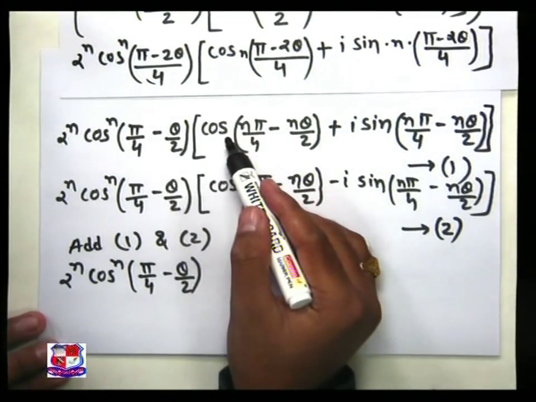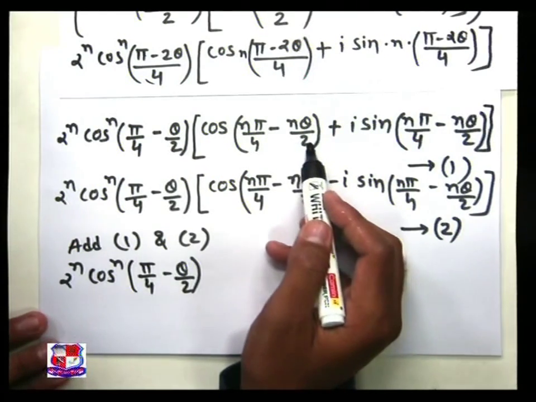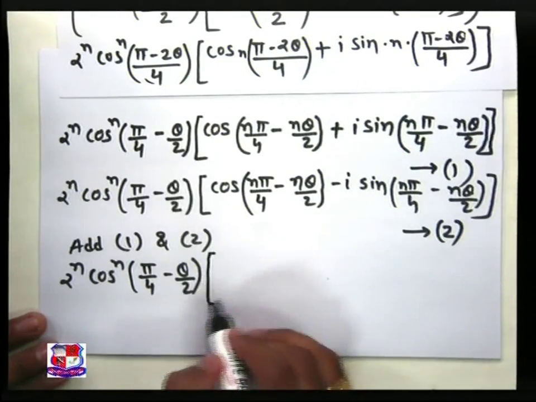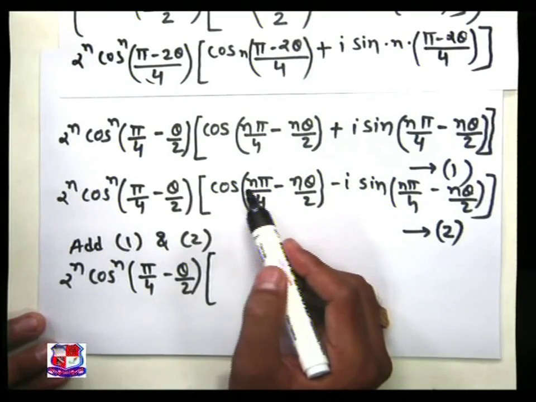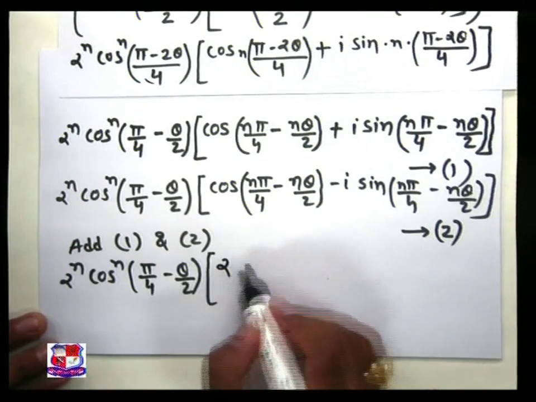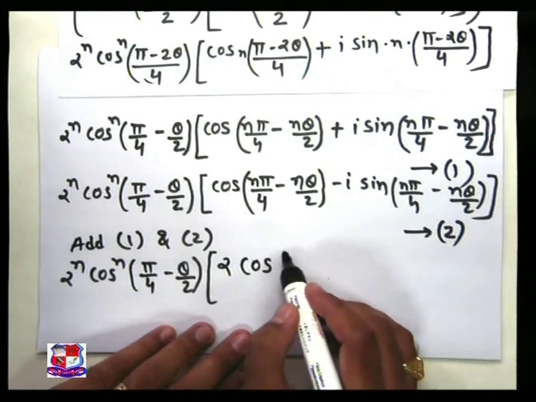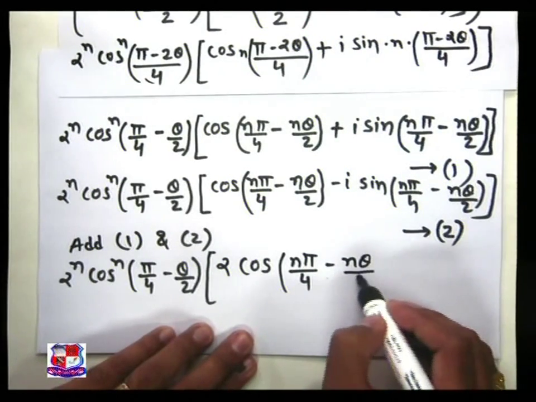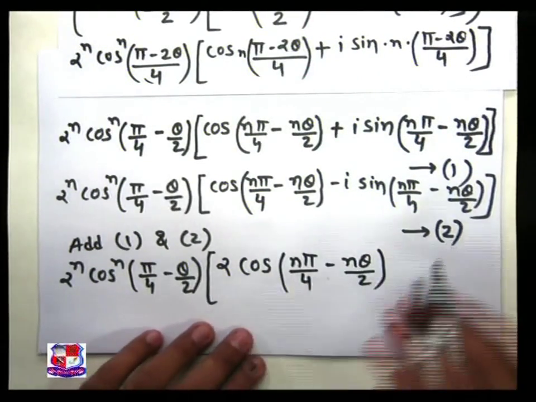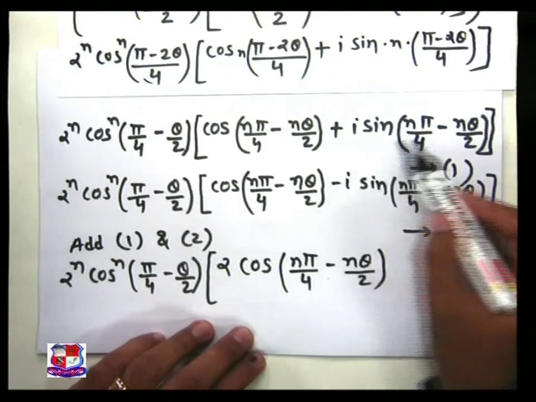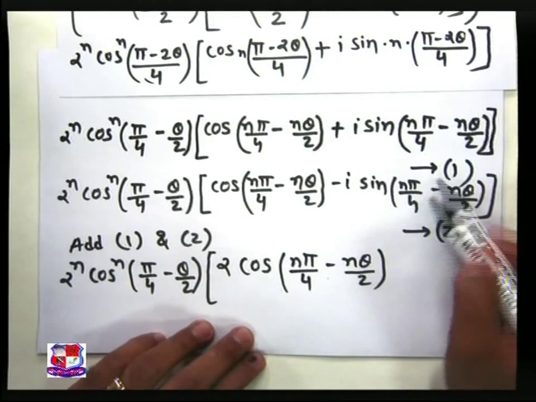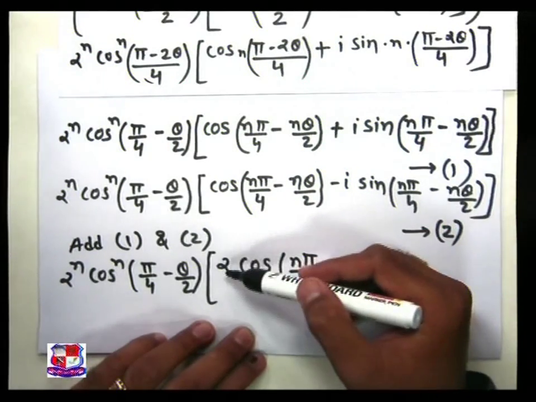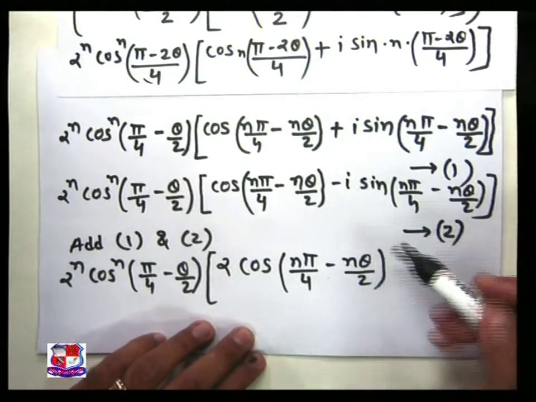Now cos of n pi by 4 minus n theta by 2, and here also the same angle, cos of n pi by 4 minus n theta by 2. So if we add cos and cos, that means 2 cos of n pi by 4 minus n theta by 2. Now look here, here plus i sin and minus i sin, because in both the theta is common, so ultimately that cancels out. So the only remaining term is 2 cos of n pi by 4 minus n theta by 2.